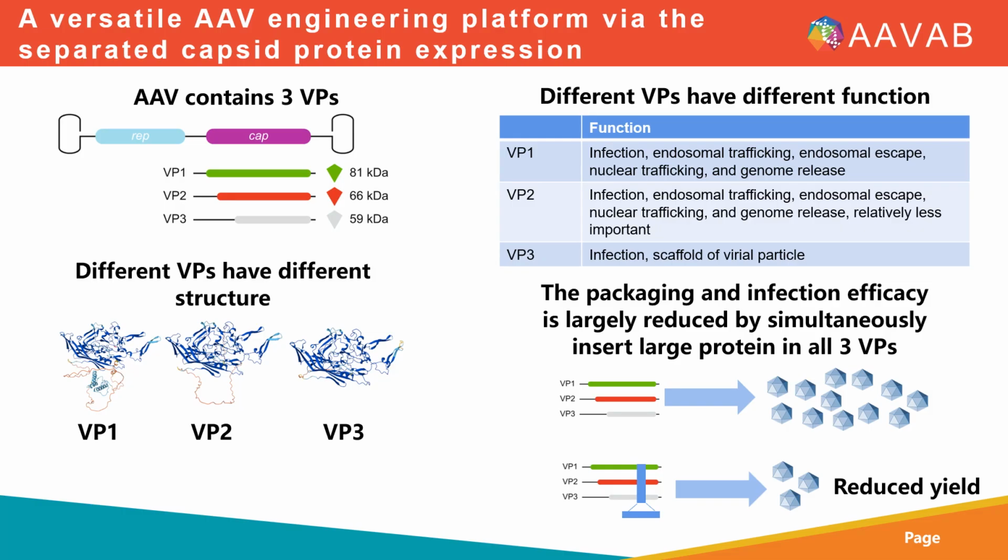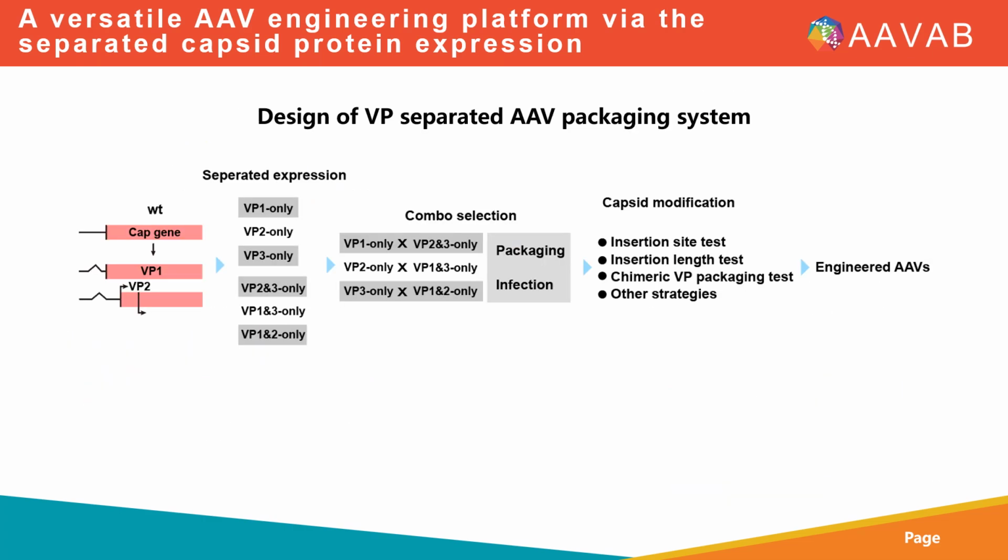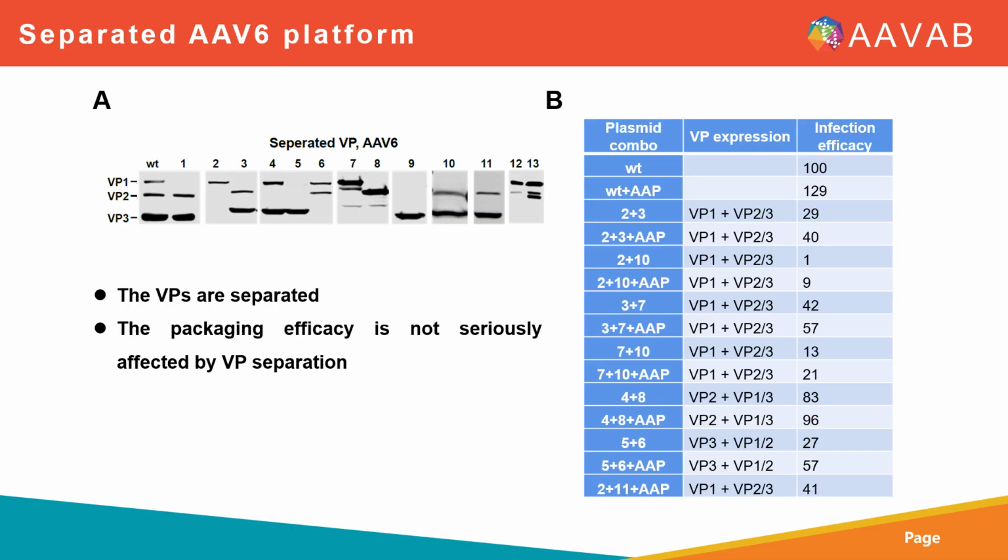Thus, we can modify only the desired VP, while leaving the remaining VPs unchanged or less changed to keep the packaging efficacy. By plenty of mutations and combinations, we finally found the best plasmid combos for AAV6, AAV2, AAV5, AAV9, with VPs isolated and AAV packaging unaffected. Here is the isolated platform for AAV6.